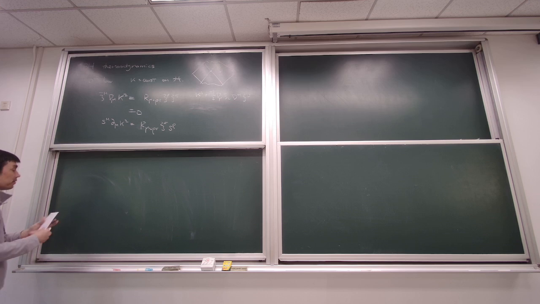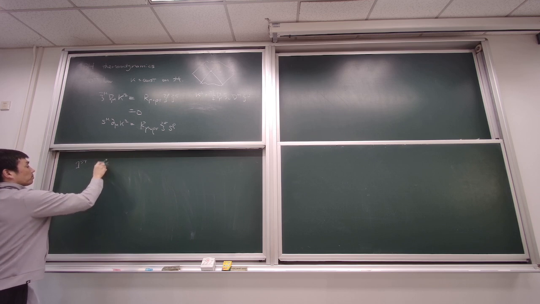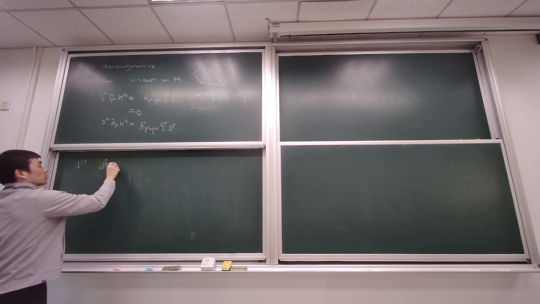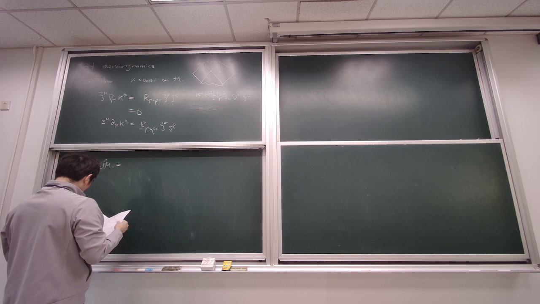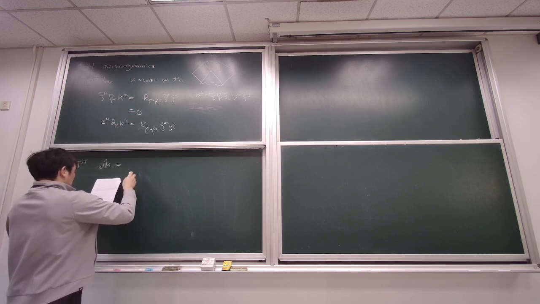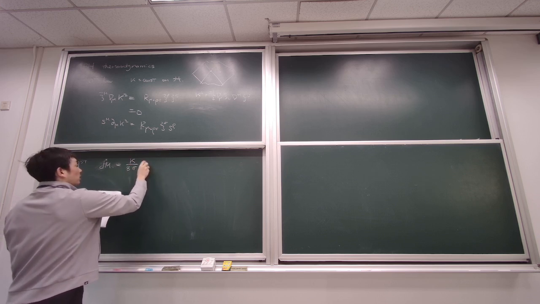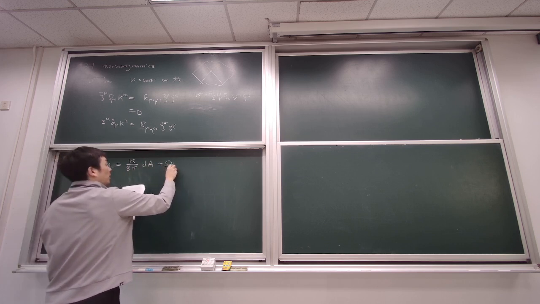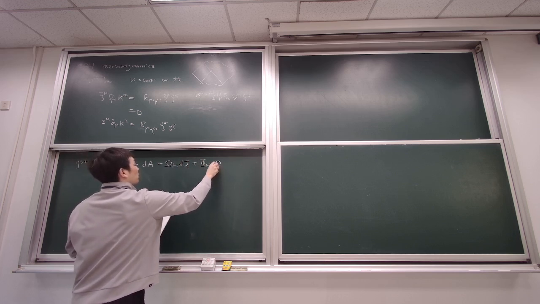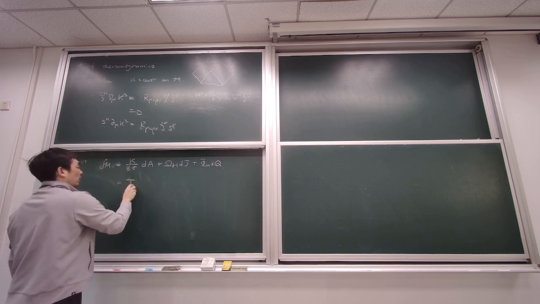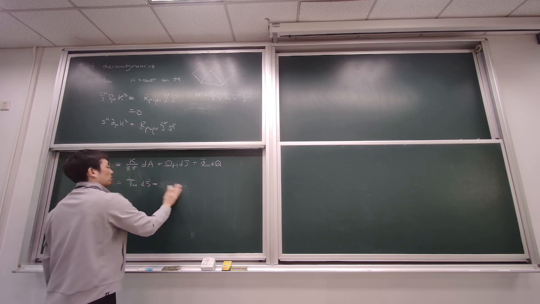Okay, and the first law I need to explain a little bit more. So dM is equal to kappa over 8 pi dA plus omega_H dJ plus phi_H dQ, and then this can be written T_H dS plus omega_H dJ, and so on, the same.